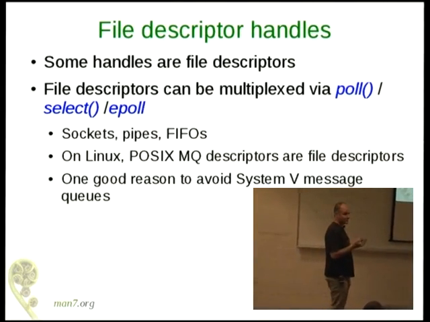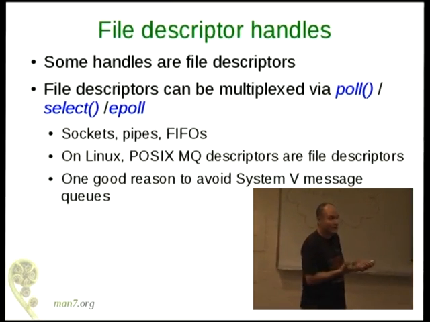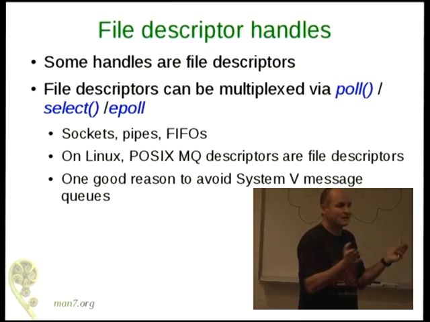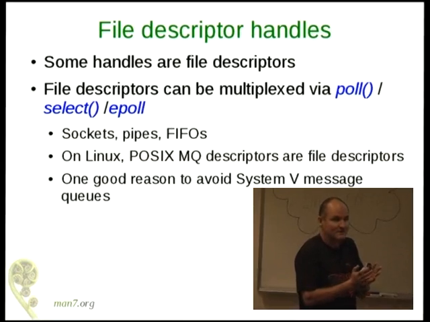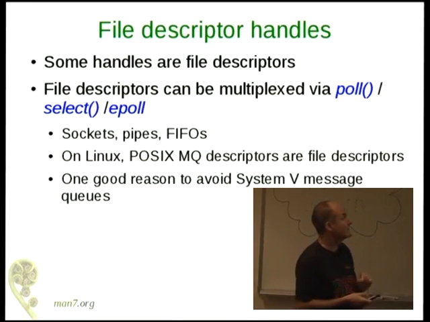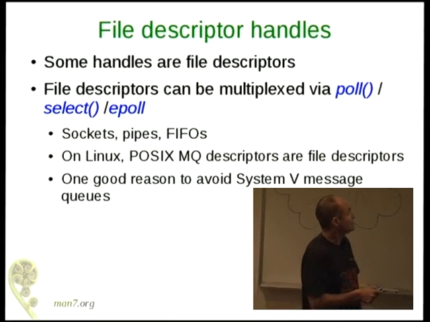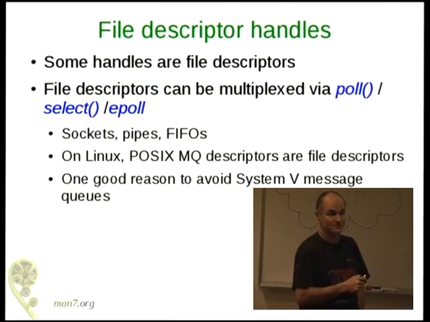You often have a situation where a network server is handling multiple clients at the same time. It wants to find out whether there is something to read from all of those clients. Well, it can monitor all of those clients at once using one of these mechanisms.